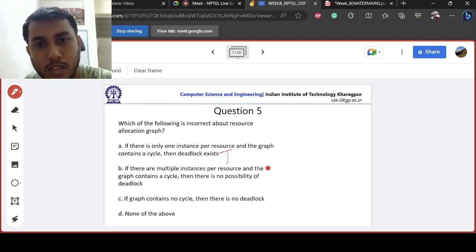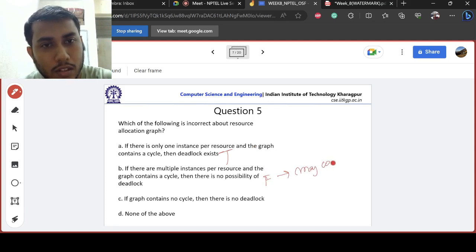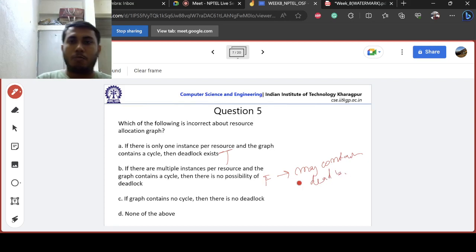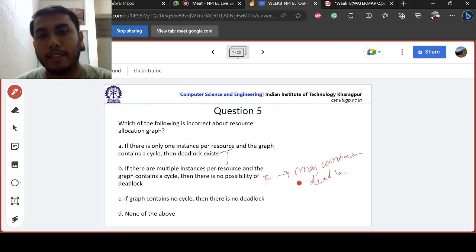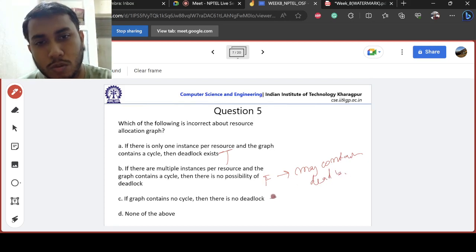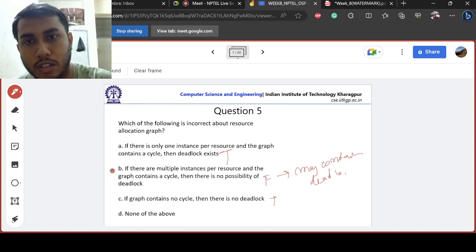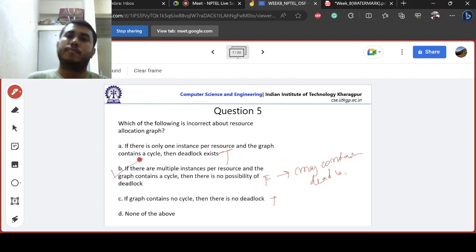No, false. In that case, it may contain deadlock. So this statement is false. If the graph contains no cycle, then there is no deadlock. This one is true. So the only incorrect one is option B.